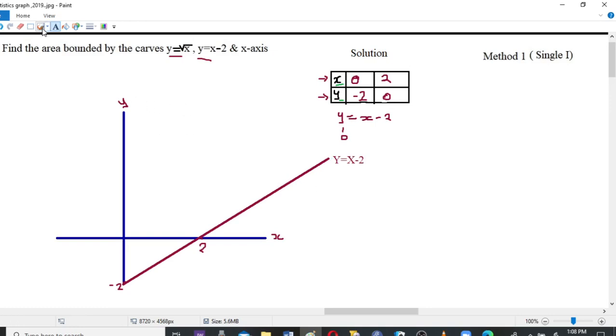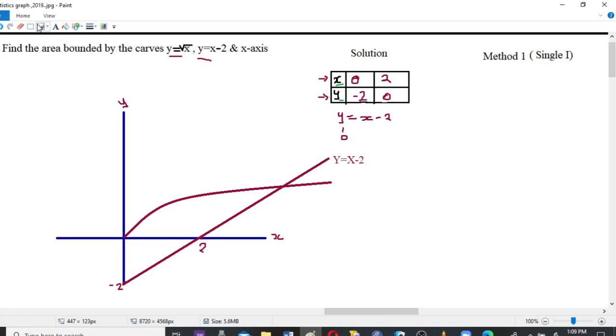Now we want this other one, that is y is equal to the square root of x. That one we can sketch; we know how the graph looks. It's this one here. So this graph looks like this, and this is the graph for the equation y is equal to the square root of x.